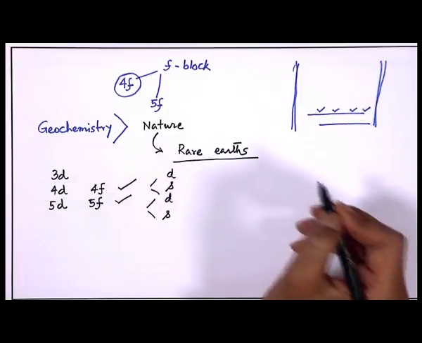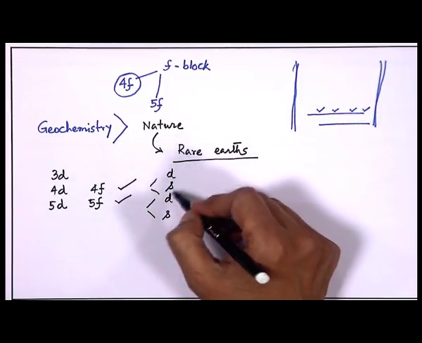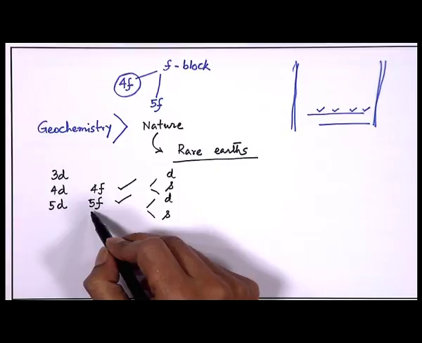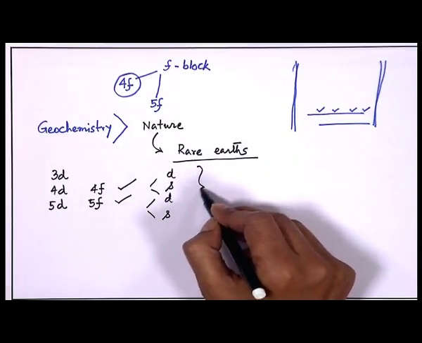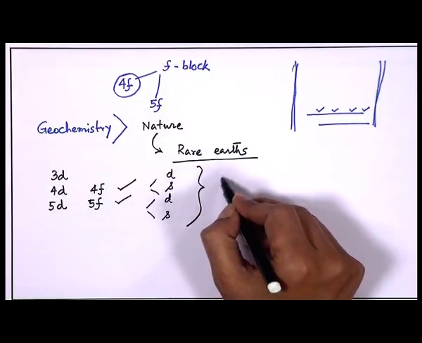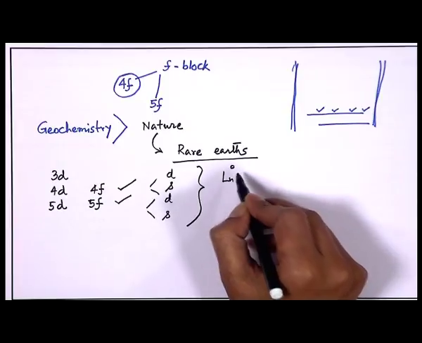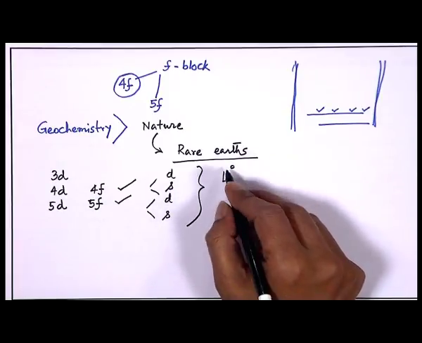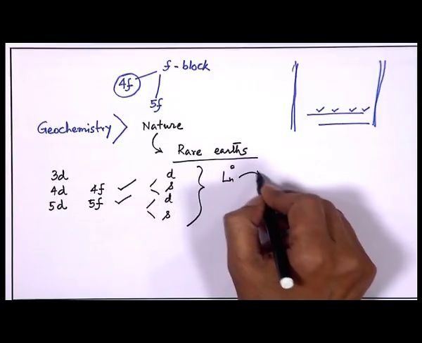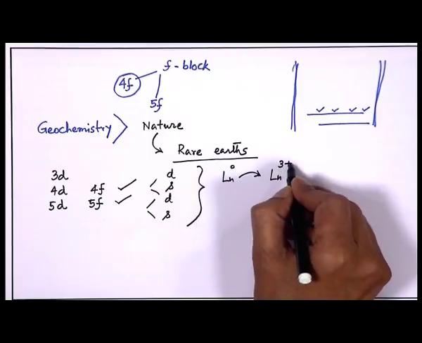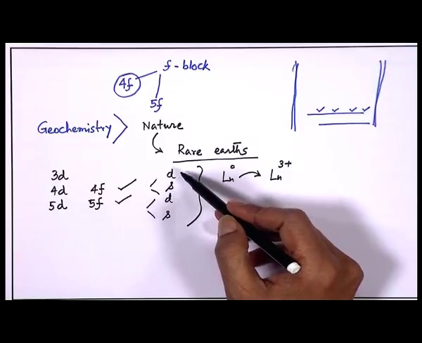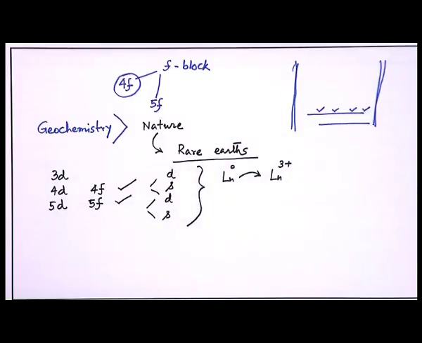We should consider the occupancy of these d and s orbitals along with 4f and 5f, because for getting the different oxidation states, starting from the elemental state, the lanthanum series, from the 0 oxidation state, that means the metallic or elemental form, can go to lanthanum 3 plus with the loss of 3 electrons. Those 3 electrons can be lost from s and d levels. So, let us see how these groups can be considered.